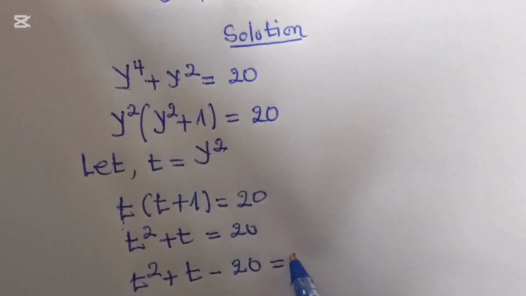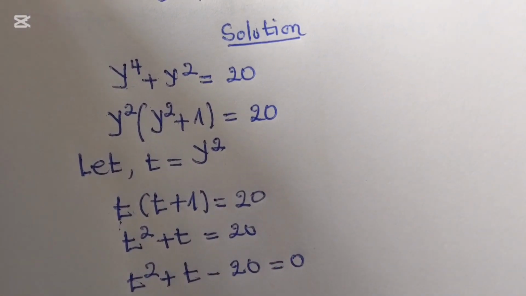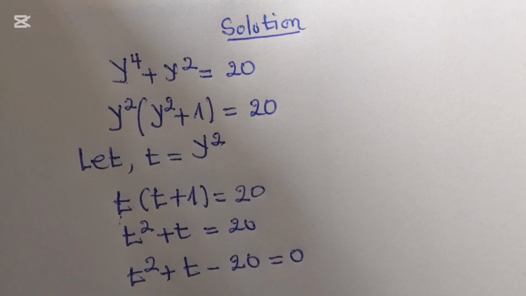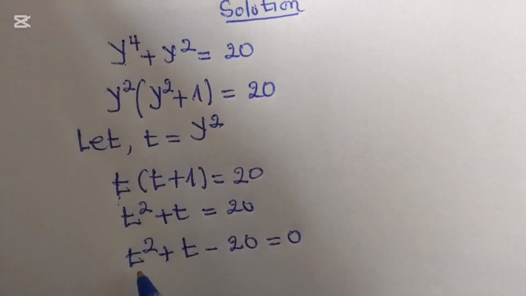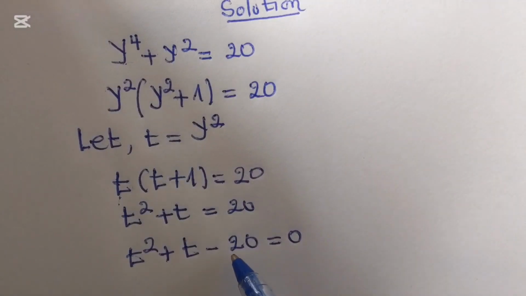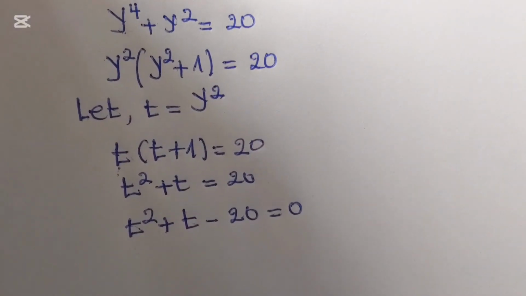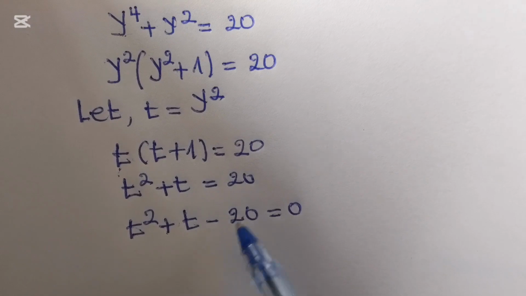Right, then here we can continue with this one, which is what we call a quadratic equation. Here we can find two numbers we can multiply together to get negative 20, and their sum is 1.